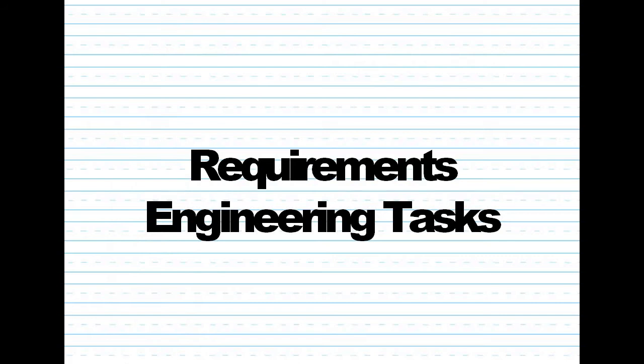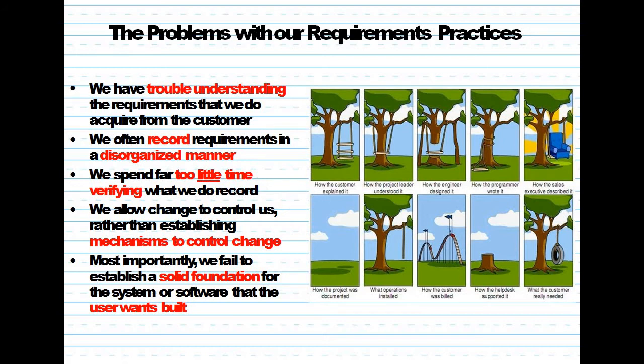Now, requirement engineering tasks. We will learn about some requirement engineering tasks. So, let us understand with this figure the problems with our requirement practices. What problems will arise with our requirement practices? First, as shown in the picture: how the customer explained it, how the project leader understood it, how the engineer designed it, how the programmer wrote it, meaning coding and programming done by the software developers, how the sales executive described it, and how the project was documented.